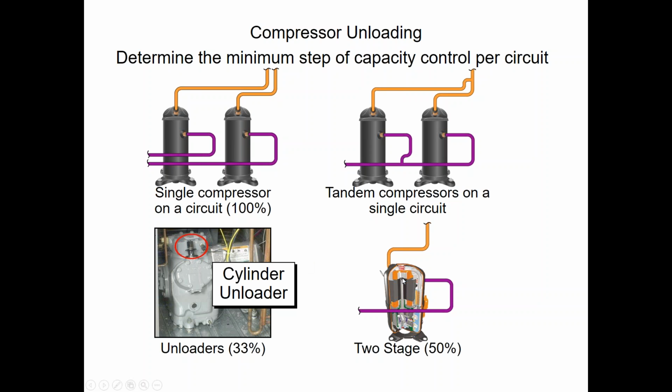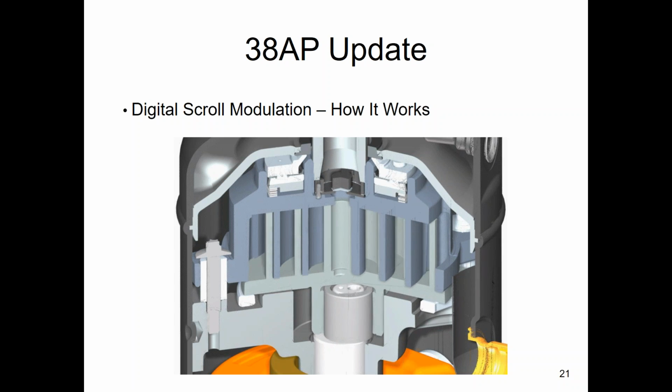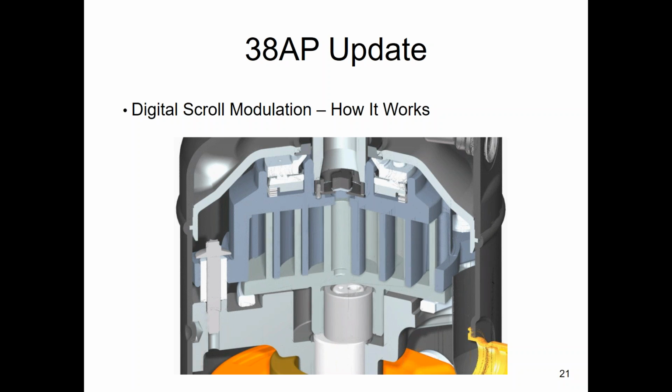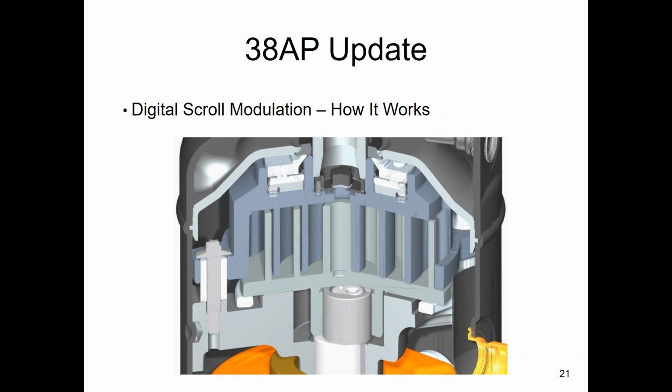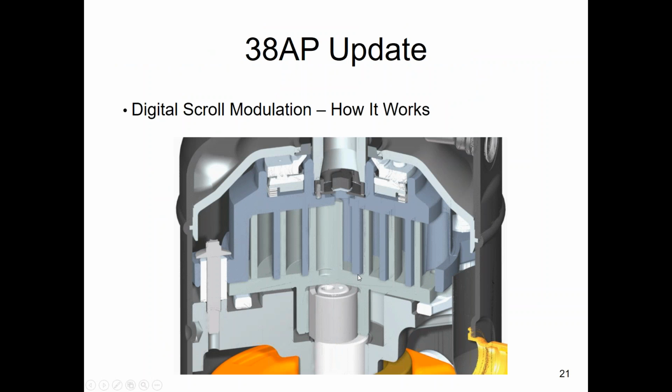We've got 2-stage compressors, same thing, 100% or 50%. And moreover now, we've got the digital scroll compressor. So this kind of throws a whole new curve to us. These digital scrolls don't unload like the 2-stage compressors, where that unloads internally and unloads 50% of the scroll flank area, or the old ones where we disable a couple of the pistons in it.